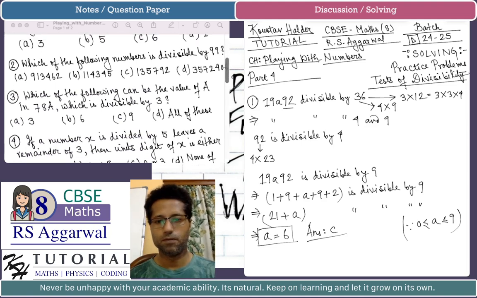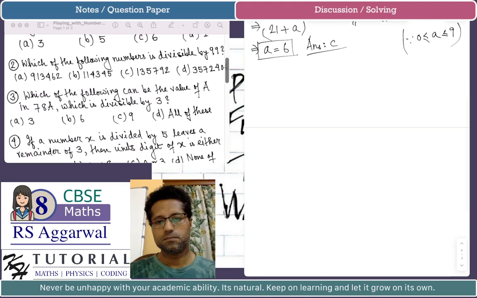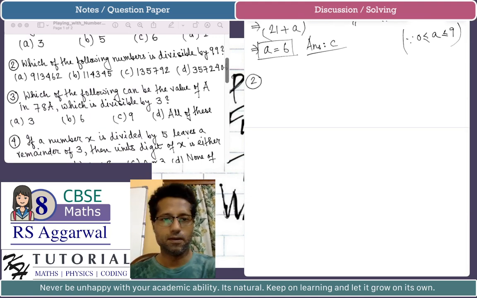Let's do problem number 2. It says, which of the following numbers is divisible by 99?